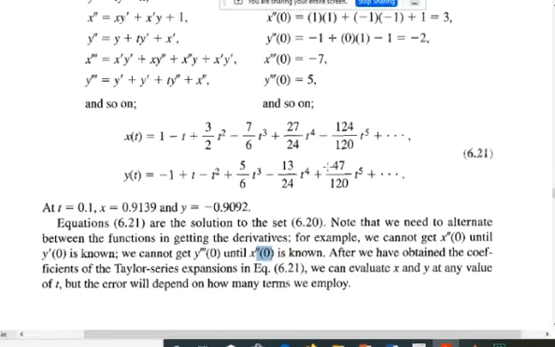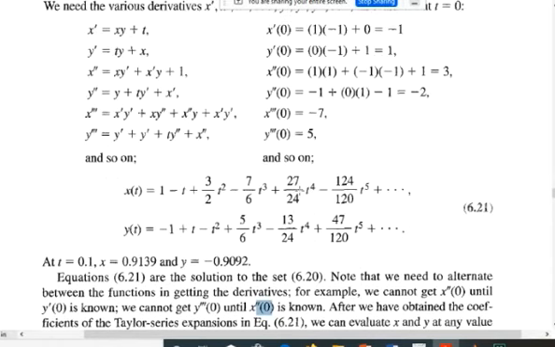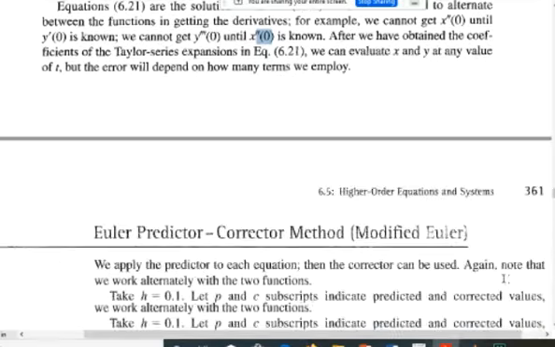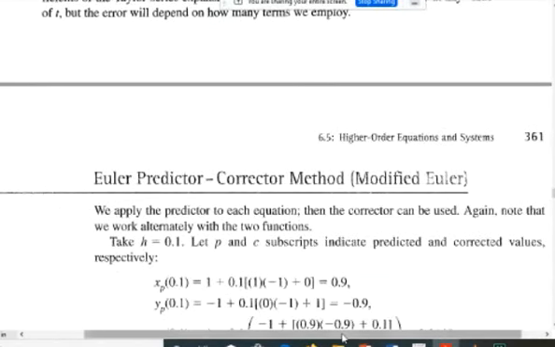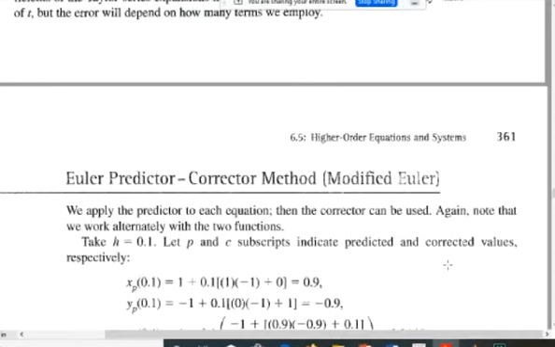For example, here we compute up to the sixth term, and it really depends on how exact our solution needs to be and how much error is acceptable to us.